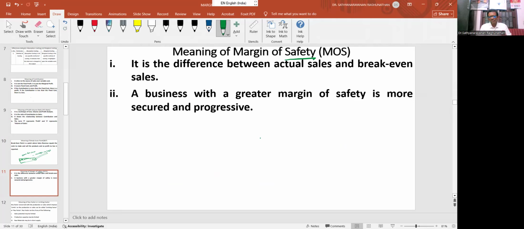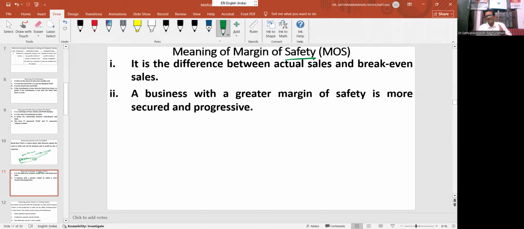If you produce even one single unit of product above the break-even point and sell it, then you will be achieving the stage called margin of safety. So margin of safety means the point which is above the break-even point.